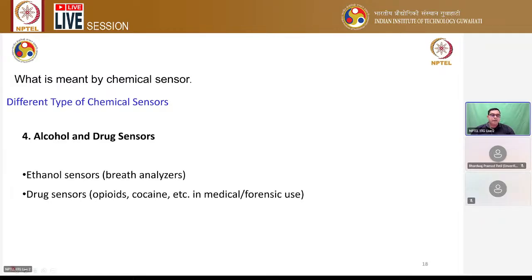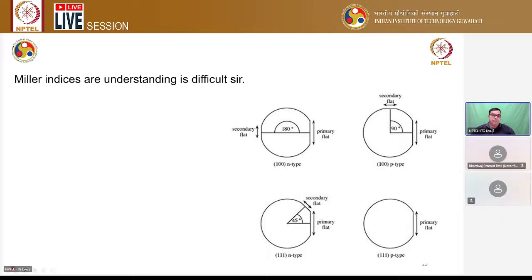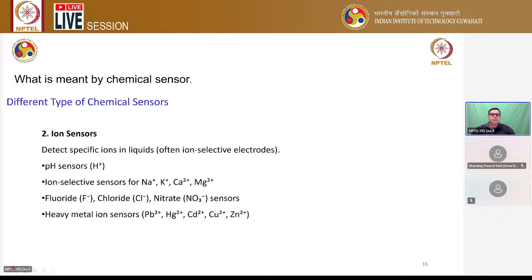Then you have drug sensors to detect different solid drugs, but again mostly based on the vapors emitted from them, like cocaine. They are very helpful for medical applications and forensic applications. I hope that the definition of chemical sensors is clear to you.